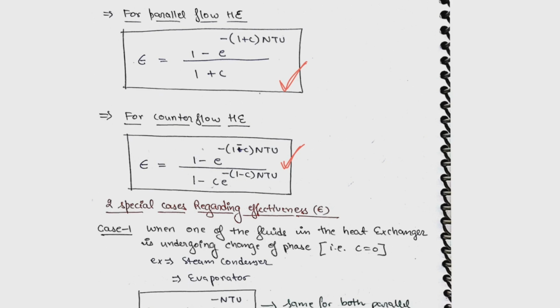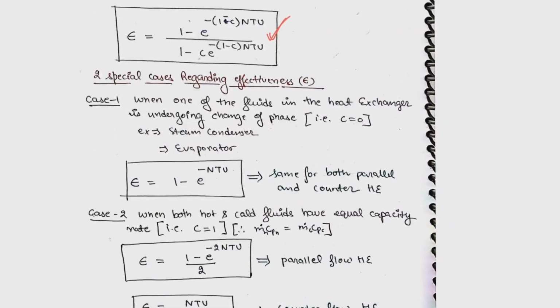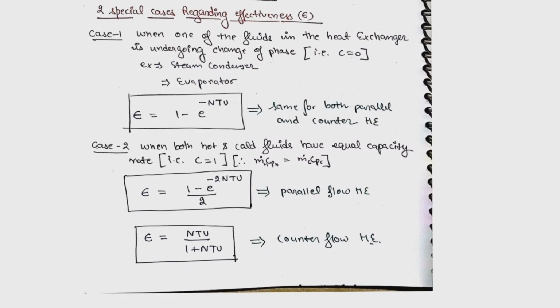Now we have two special cases regarding effectiveness. The first is when one of the fluids in the heat exchanger is changing its phase. I have already told you the value of C is 0 when one of the fluids is undergoing phase change. When we substitute C in the effectiveness equation, we end up with this result, which is the same for both parallel as well as counterflow heat exchangers.